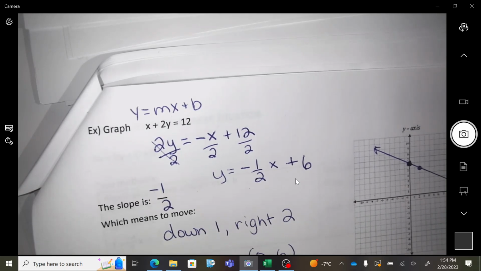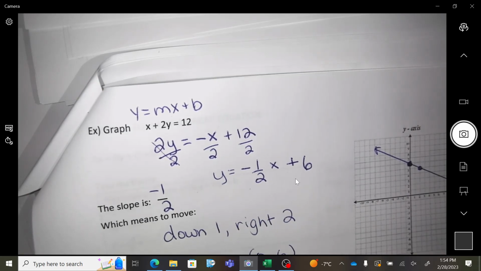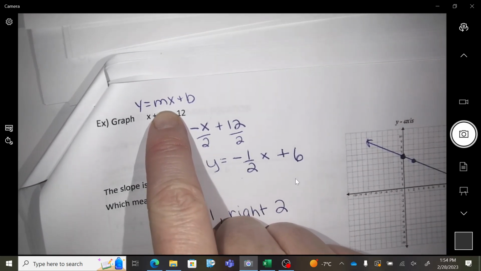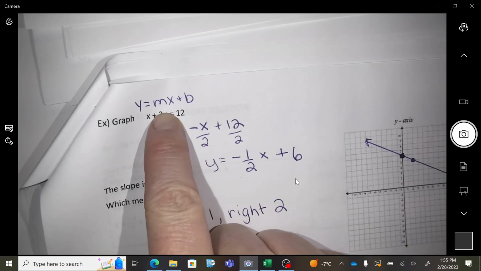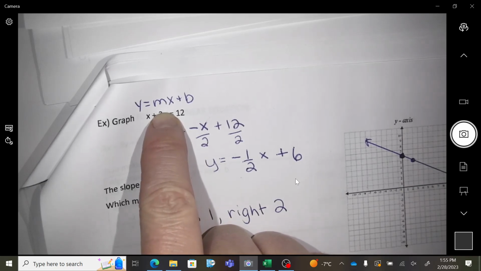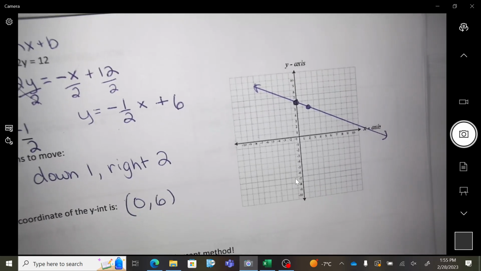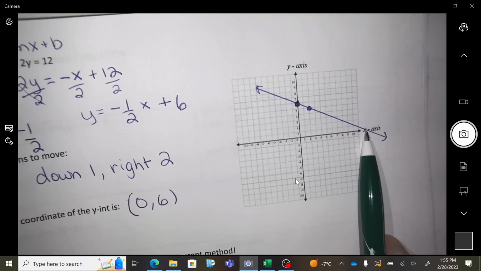The y-intercept has to be 6, right? Okay, and likewise, if I wanted the x-intercept, then the y would disappear, and the x-intercept would be 12. Does it look like it? Mine does. It looks like I'm probably going through 12. Look at that, it works.